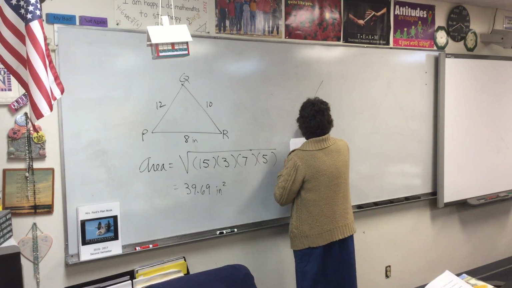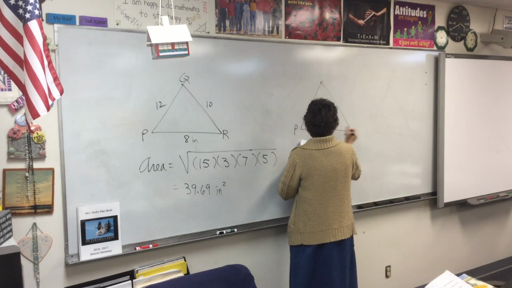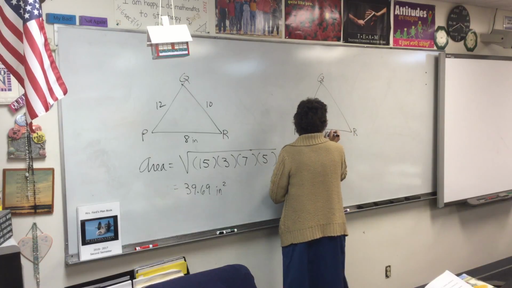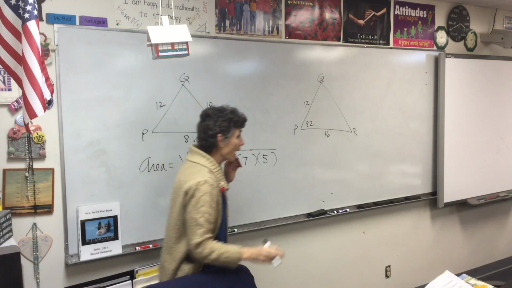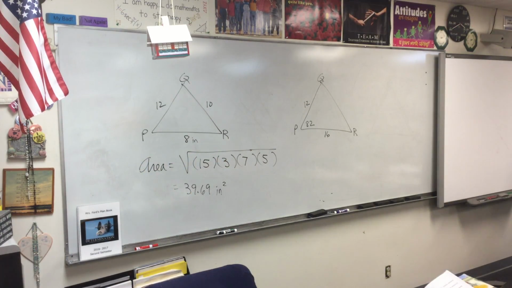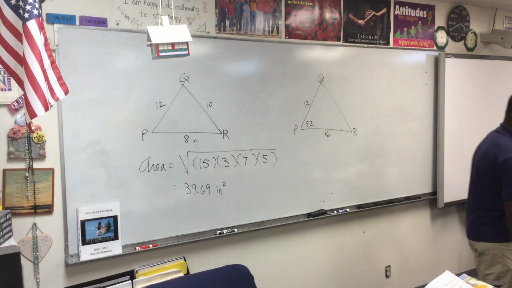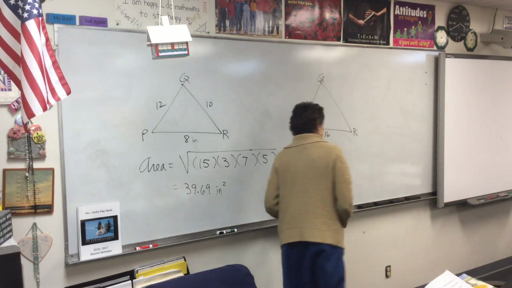All right, so now we got this one. Still finding area. Okay, remember our sides are labeled opposite our angles. All right, so let's back up again.